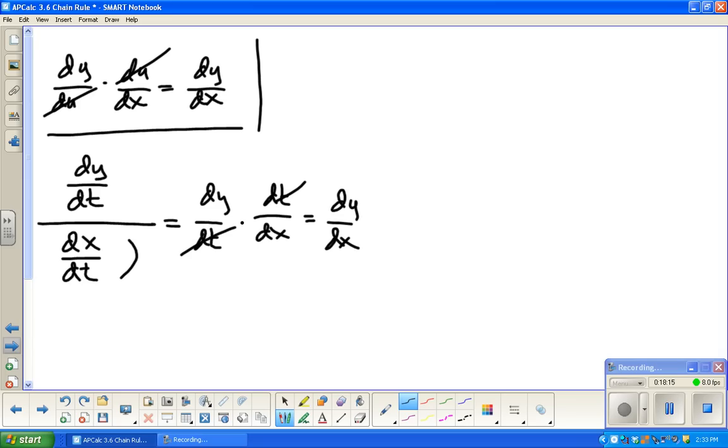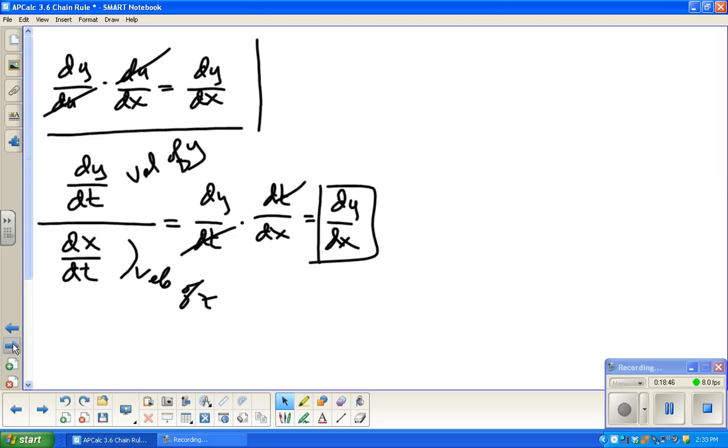So this is another form of the chain rule that basically says, this is like looking at velocity in the y direction, and this is looking at velocity in the x direction. And if I want to know the velocity of y with respect to x, in other words, change in y over change in x, then I can put them in a ratio and I'm good. It's like the time stuff just kind of goes away.